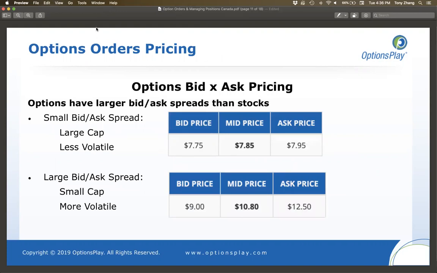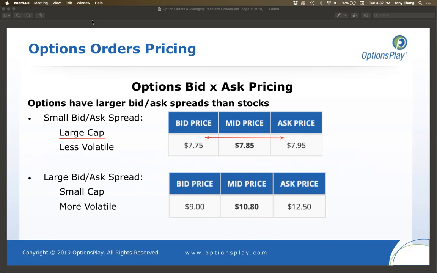So options that have large bid-ask spreads, options have larger bid-ask spreads than stocks, but some of them are much wider than others. So many times when you look at the large cap names, so in Canada, the banking stocks, the mining stocks, the very large cap names and the names that are not very volatile, what you're going to see is that they typically have relatively small bid-ask spreads. So something like, let's say, you might see an option that's trading at 7.75 by 7.95.